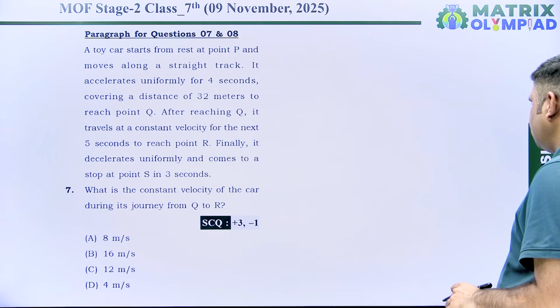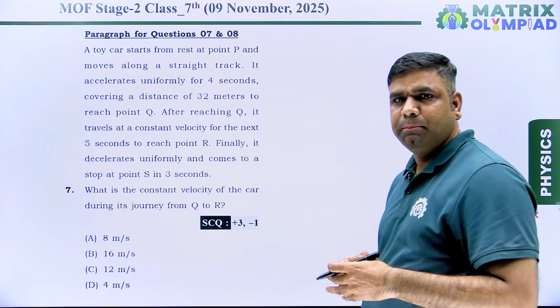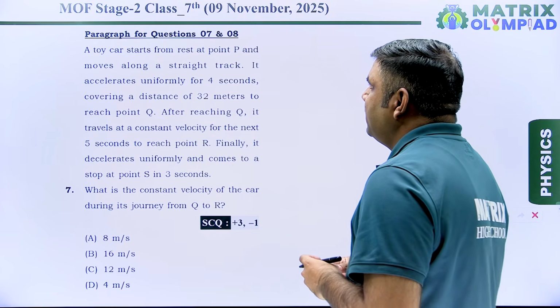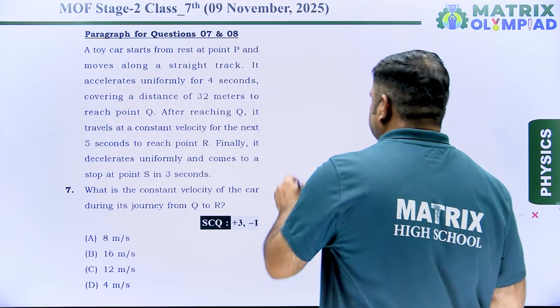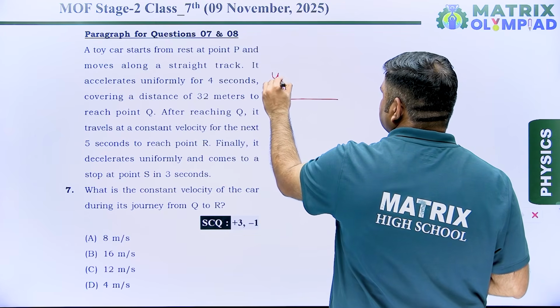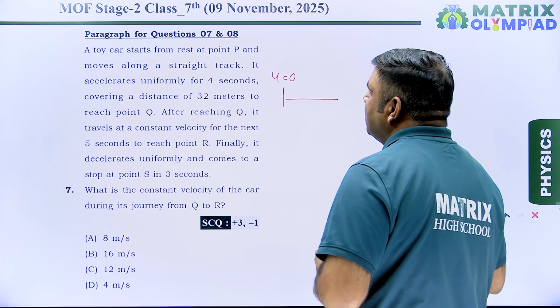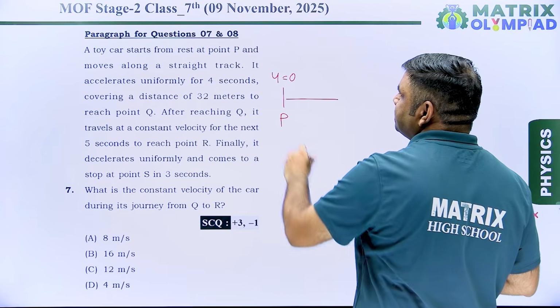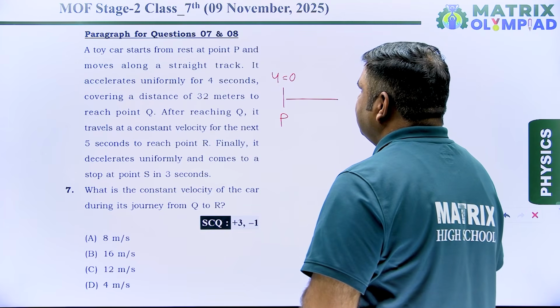Question number 7 and 8 both are based on the same paragraph. In the paragraph, a toy car starts from rest, so u is equal to 0, at a point P and moves along a straight line track.